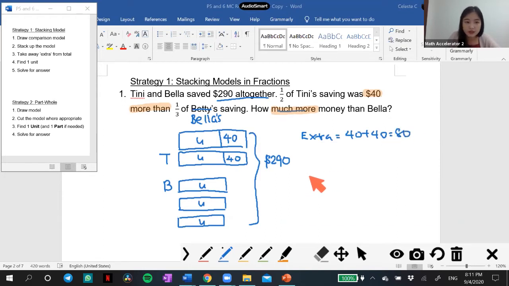Total 80. Right, if you take away this 80 here, the remaining units you will have 1, 2, 3, 4, 5. So 5 units will be the total 290 minus the extra 80 here, which will get me 210.